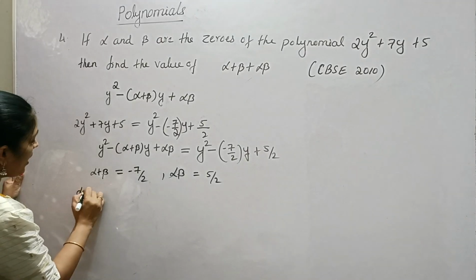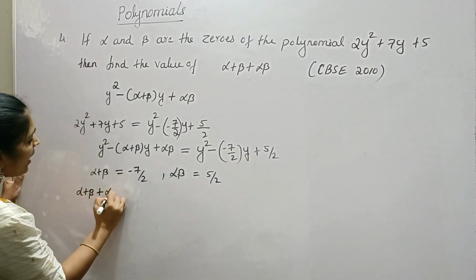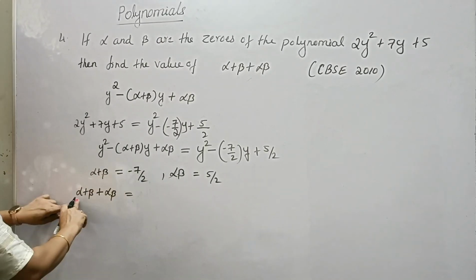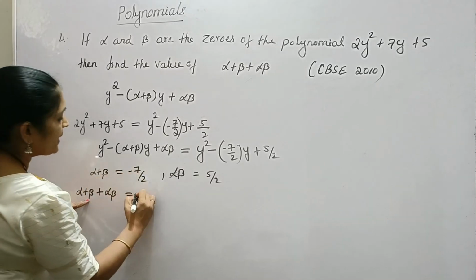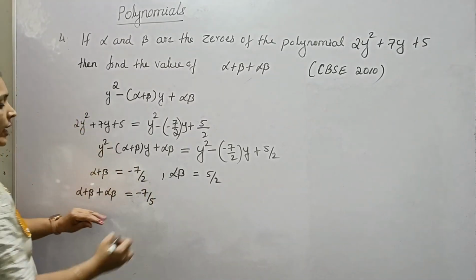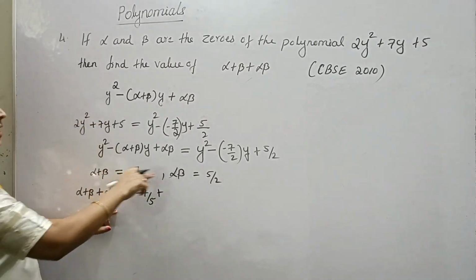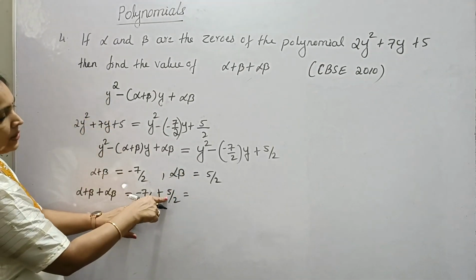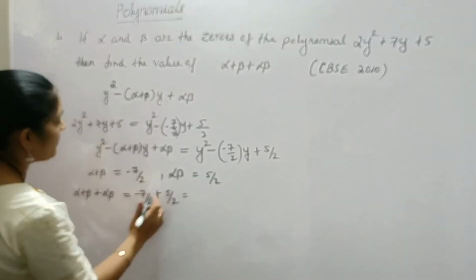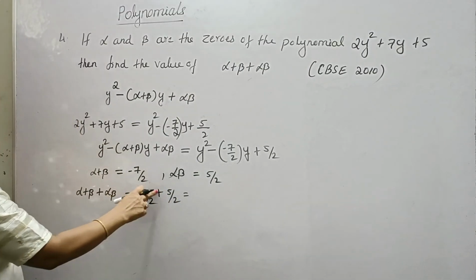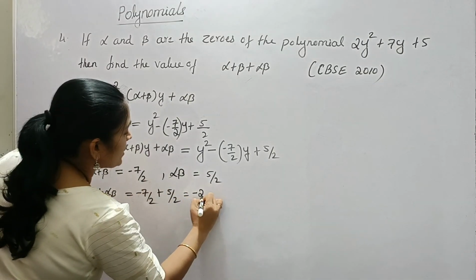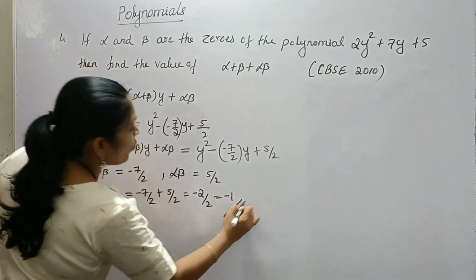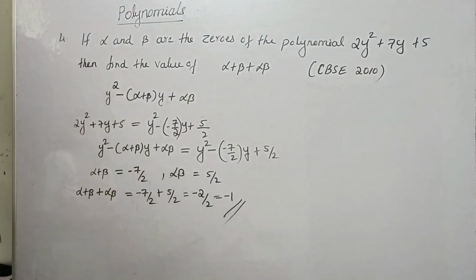Alpha plus beta plus alpha into beta is equal to, what is alpha plus beta? Minus 7 by 2. Plus what is alpha into beta? 5 by 2. Now minus 7 plus 5 minus 2 by 2, that is minus 1. So the value of alpha plus beta plus alpha into beta is equal to minus 1.